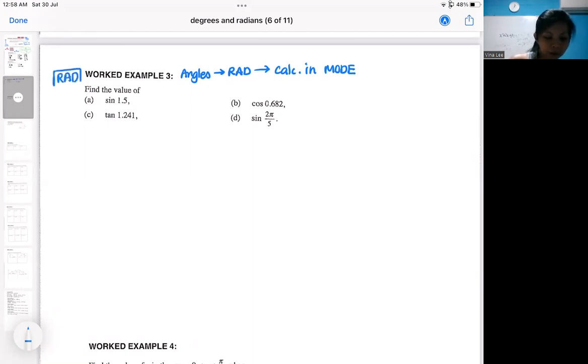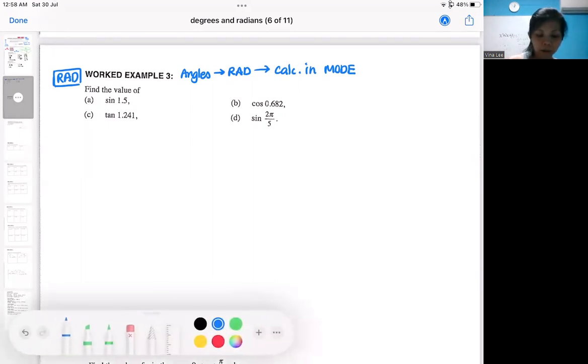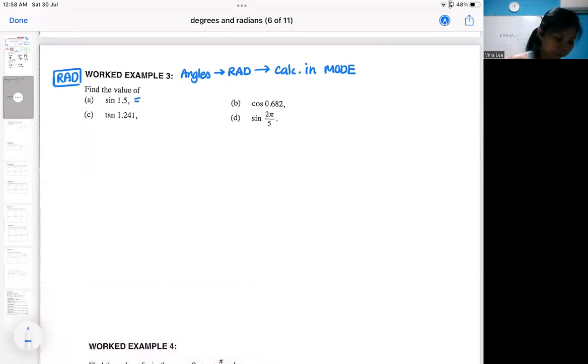Then later on we explore what if you forgot to switch. You see, there's a difference in the value. So switch to your mode, and give it a try to make sure that it works. My calculator is in radian mode now. If you have changed it correctly, then you will be getting this kind of answer.